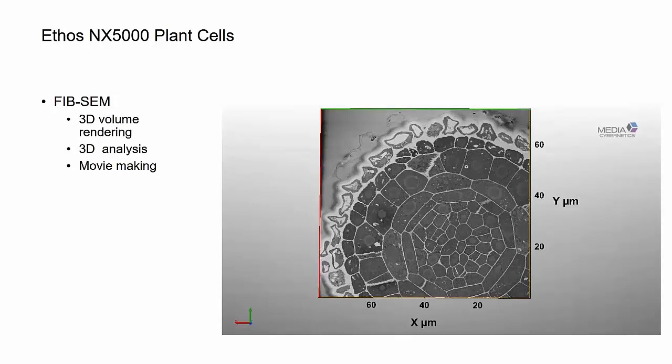Again, this highlights being able to take that stack, generate your 3D rendered volume, do your analysis, and then make a movie for presentations, whatever you need it for, to demonstrate that particular experiment. Next slide.